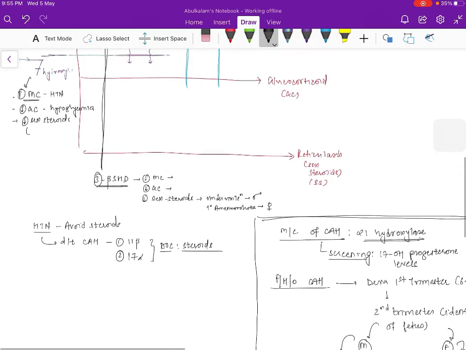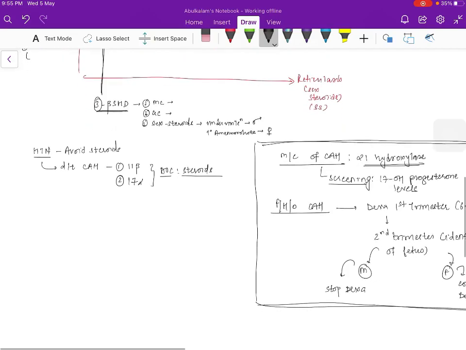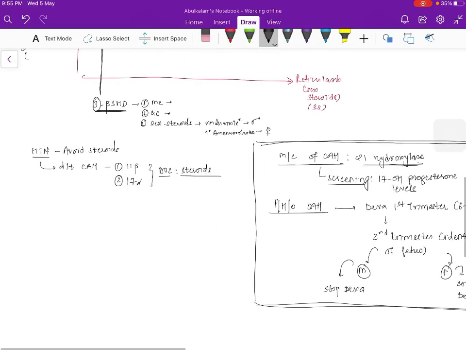So now, yes, this is one of the important concepts. Next is treatment in general. What I'm talking about is treatment in general, because there's no drug which can correct the enzyme deficiency, except enzyme replenishment. Now, for symptomatic treatment, what we give first is, if there's a mineralocorticoid deficiency, we give fludrocortisone.